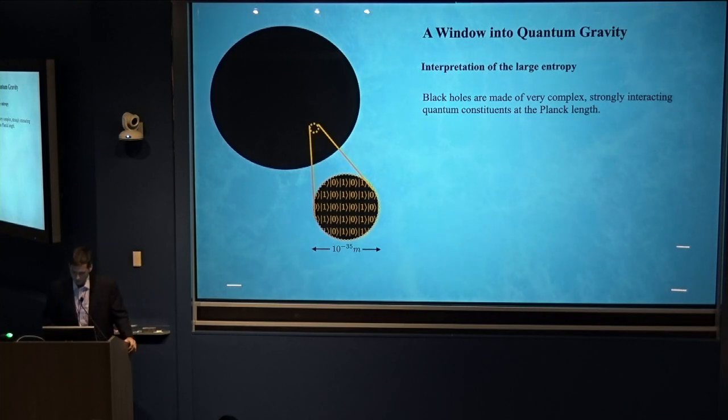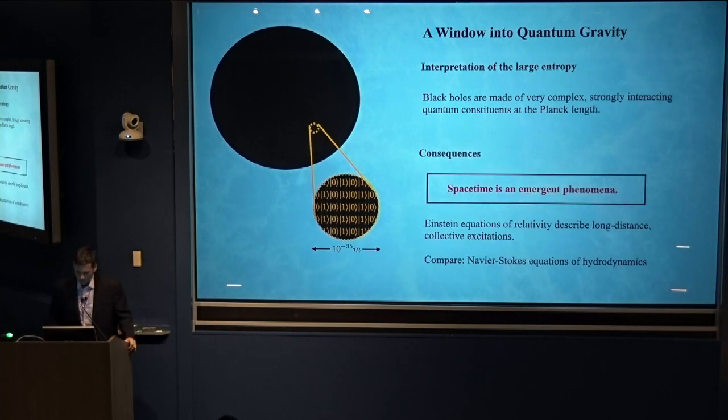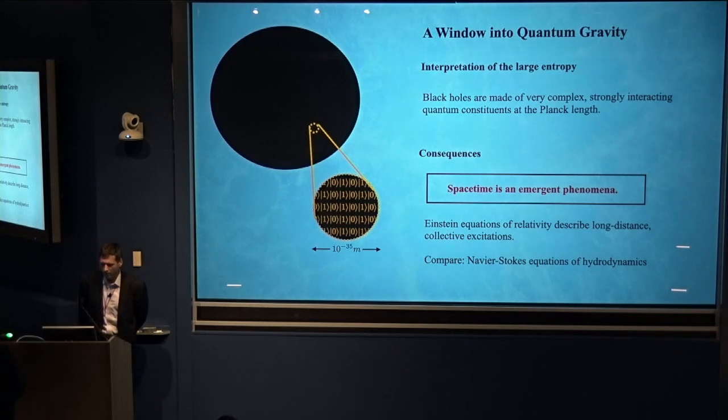So space-time has to be made of something. And the consequence of this idea is really that we have to think of space-time itself as an emergent phenomenon. That the Einstein equations of relativity, the equations of gravity, describe then some long-distance collective excitations of those microscopic constituents.